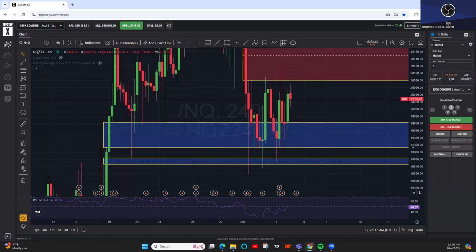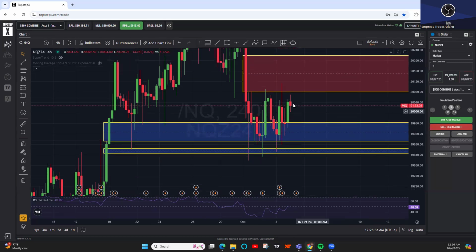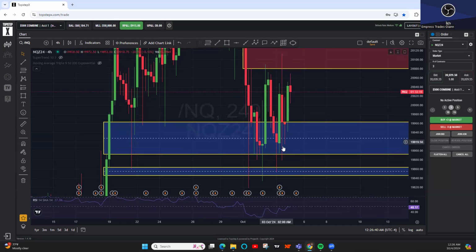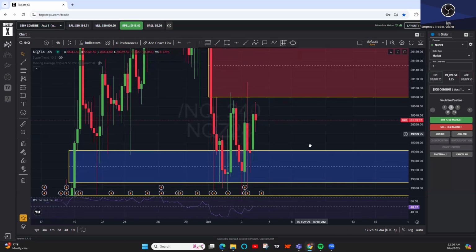So, although it's invalidated to me, it's an area. It wicked out here. I see a lot of wicks. I see a lot of reactions, but I really don't see price going past these two previous bullish fair value gaps. So I'm going to leave this on my screen.